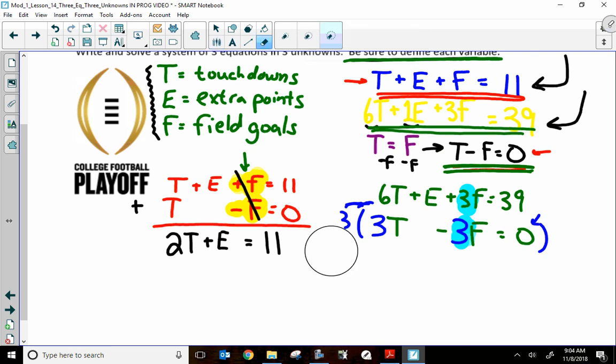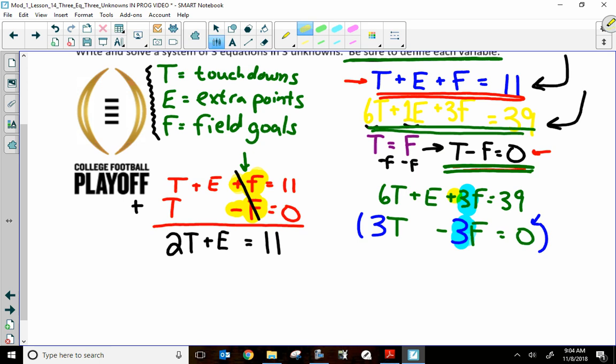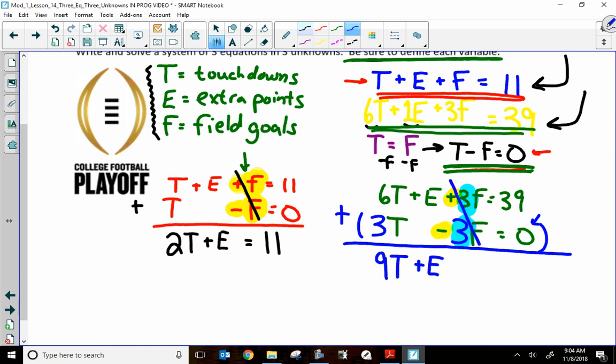So when I'm all said and done, that's what I have right there. Now, are the signs the same? No. So do I subtract? No. I add. And I've got 9T plus my 1E equals 39.